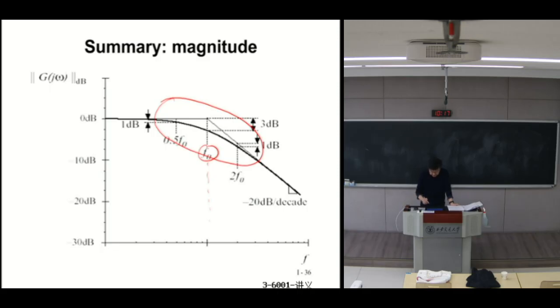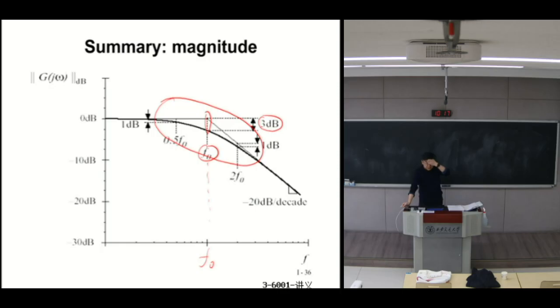If you get into detail, we find that the maximum error is located exactly at frequency f0. You can calculate that the actual error at this frequency is 3 dB. 3 dB is not a big problem, because it is very small.